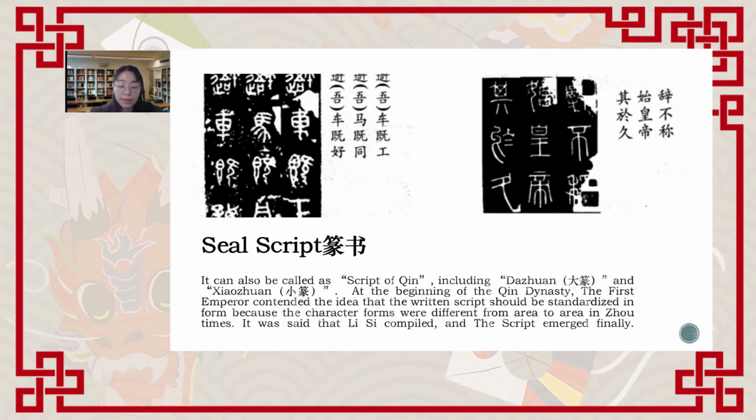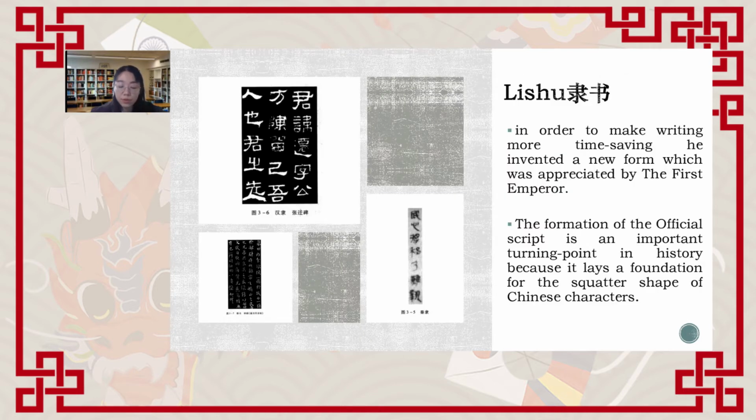It was said that Li Si compiled it and the script emerged finally. In order to make writing more time-saving, he invented a new form which was appreciated by the first emperor. It was Li Shu.